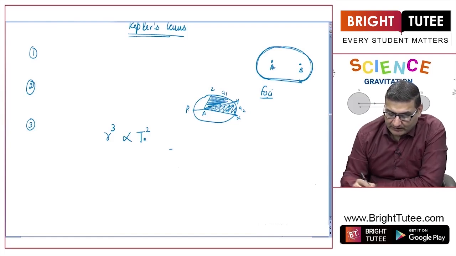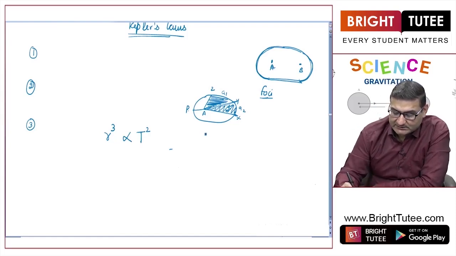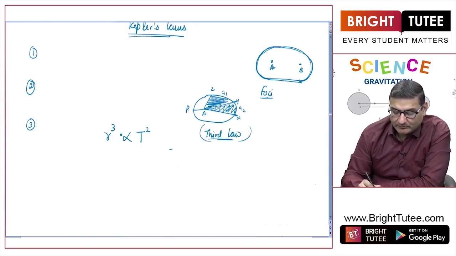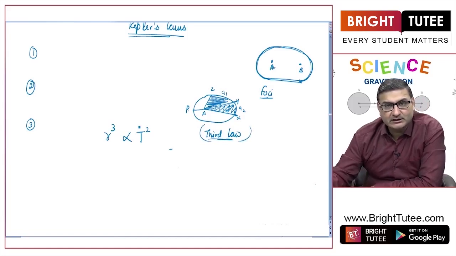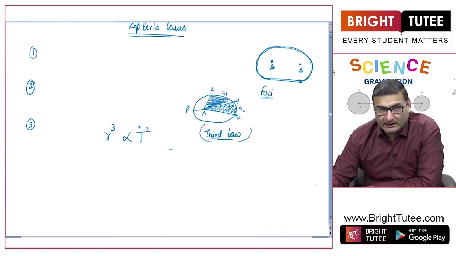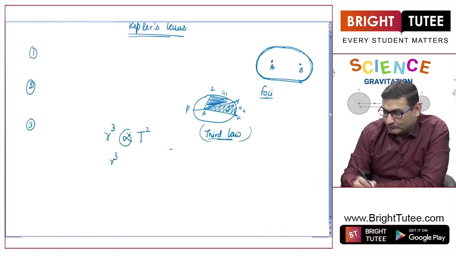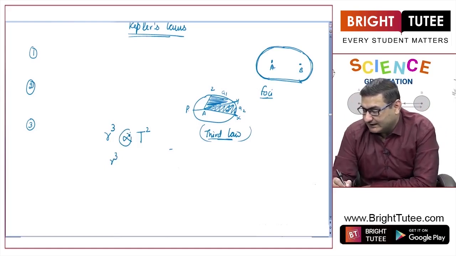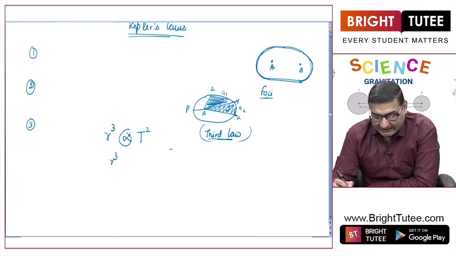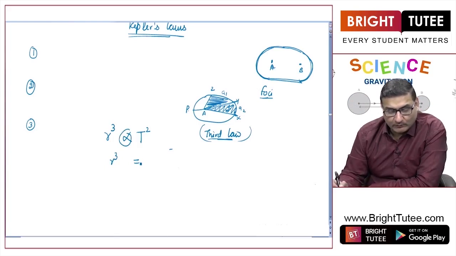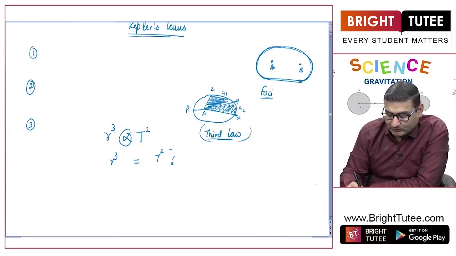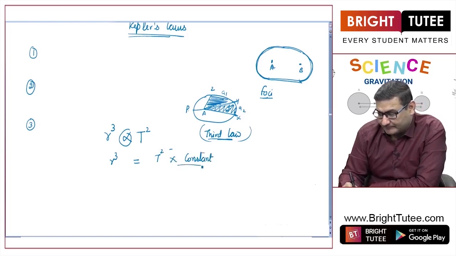As per Kepler's third law, r cube is directly proportional to t square. Now, we know that whenever we need to remove the sign of proportionality and make it equal, we need to multiply it with a constant.